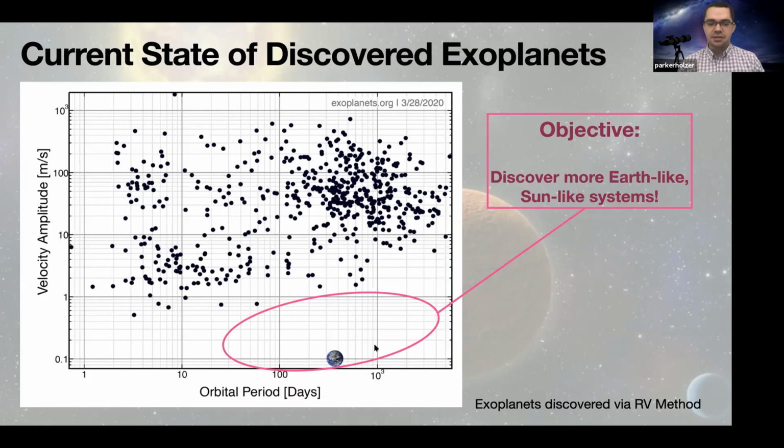And there are multiple reasons for this, and that's why it's still a focus in the astronomy community. Some of the reasons is because the signal for an Earth-like planet around a Sun-like star is really small. The signal's really small for almost all of these exoplanets that have been discovered, but it's particularly small for Earth-like exoplanets.